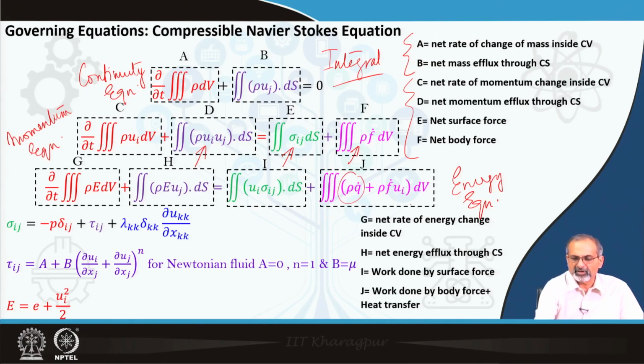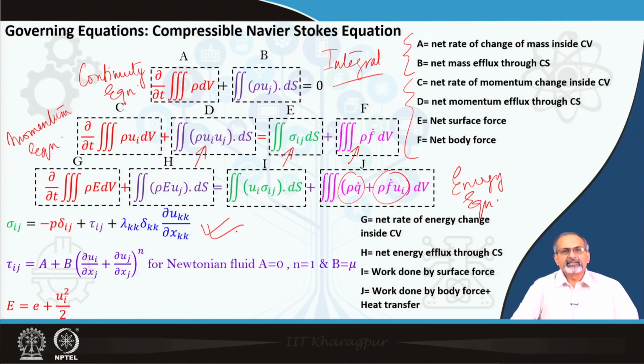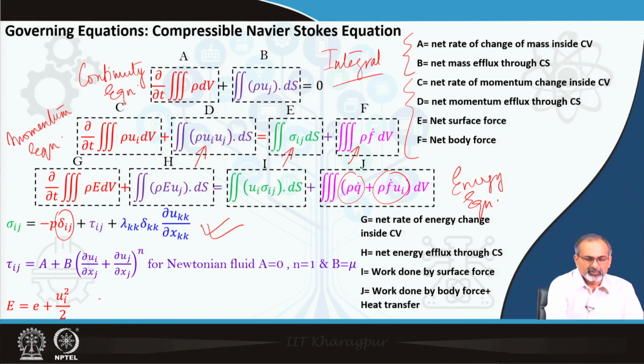So, the heat transfer part comes here, the body force effect comes over here, and then we have an expression for sigma ij, which is equal to minus p times the Kronecker delta plus tau ij plus lambda delta ij del u kk by del x kk, as the expression for sigma ij, where in the equation we had the tau ij term, which can be represented in a form like we have shown below.